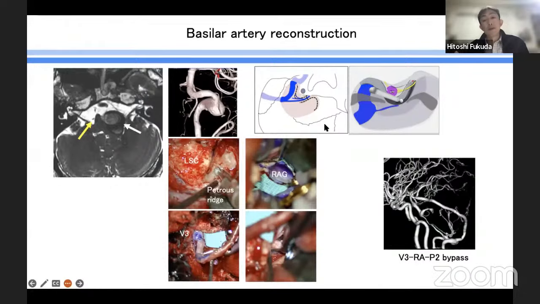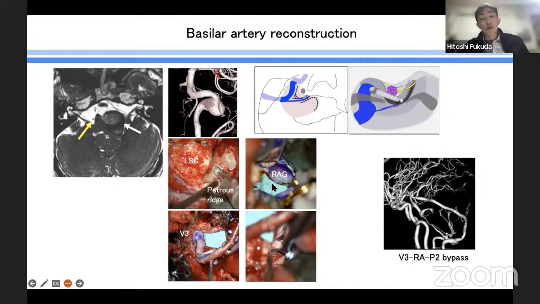First, we perform the combined transpetrosal approach to expose P2 portion of the posterior cerebral artery. This is an intraoperative view. This is the semicircular canal, and now I'm drilling the petrous ridge.